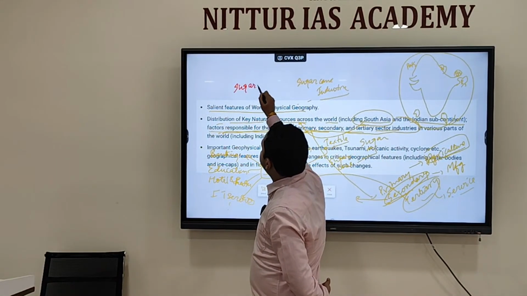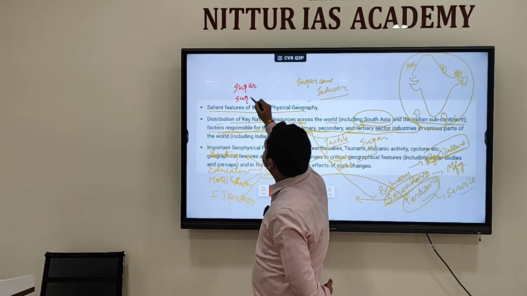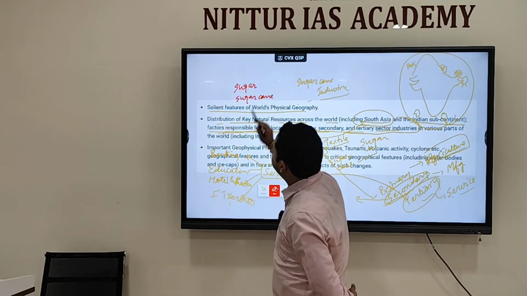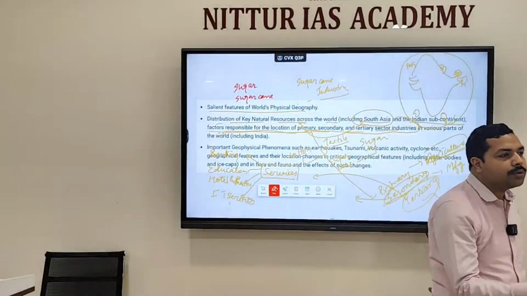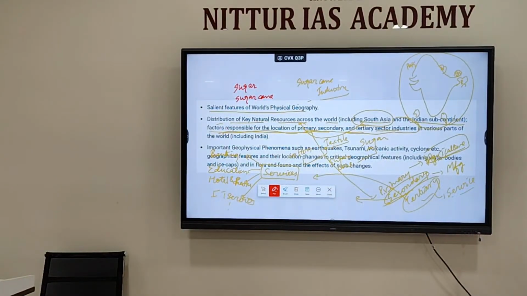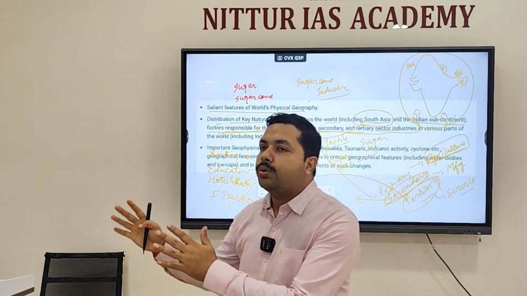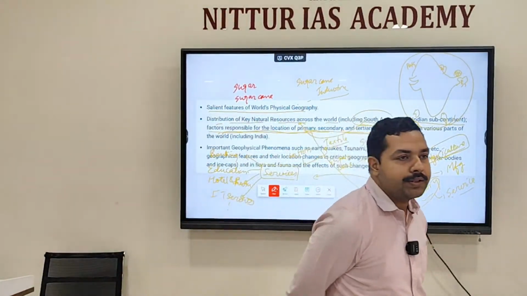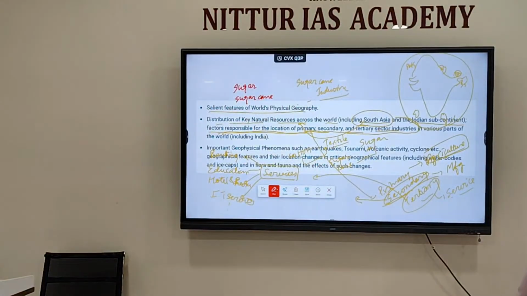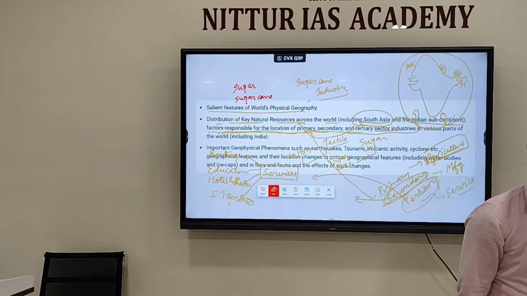assume there is a sugar and there is a sugar cane. Which is more heavy? Sugar is more heavy or sugar cane is more heavy? Sugar cane is more heavy. Now, if heavy things you have to take from one place to another place, is it easier to carry heavy things or is it easier to carry the lesser heavy things from one place to another place? Less heavy things, okay? Clear?